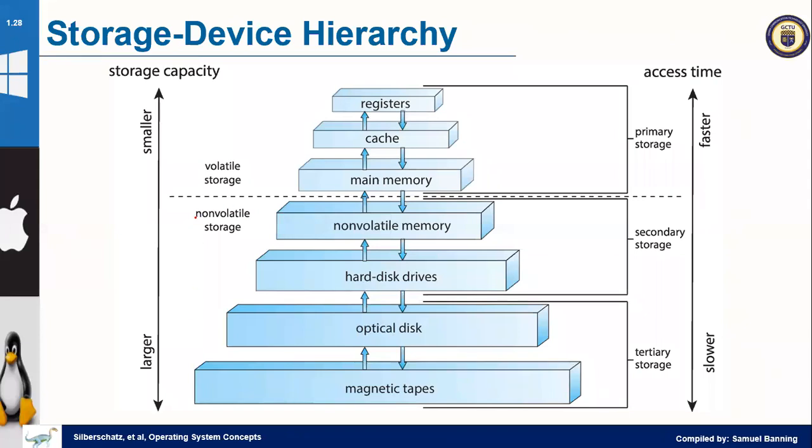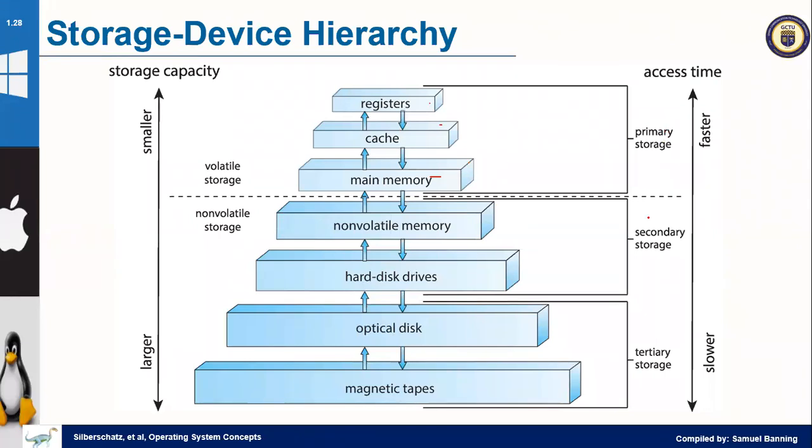Now look at this. Here, the storage capacity of a register is very small. The amount of data a register can store is smaller. A cache can store a little more than the register. The main memory can store more than the cache, in that order. So each level stores more than the predecessor.